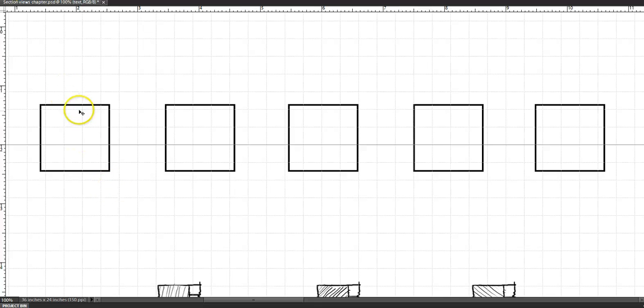By default, if your object is in a shape like this, we have to draw the section lines at an angle, and that angle is usually 45 degrees. The second thing we have to remember is that these section lines are spaced from each other. I cannot have one line drawn here and the other line drawn here. I have to make sure that all these lines are equidistant, or at an equal distance.